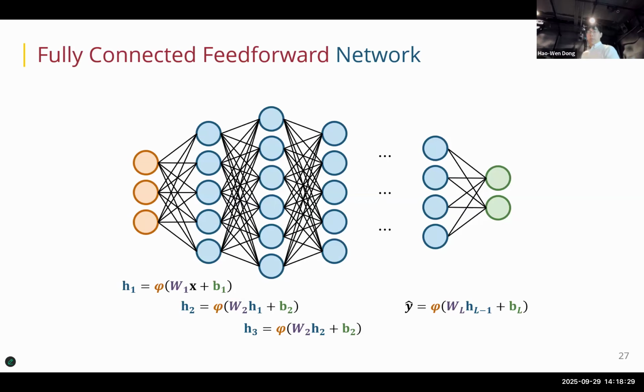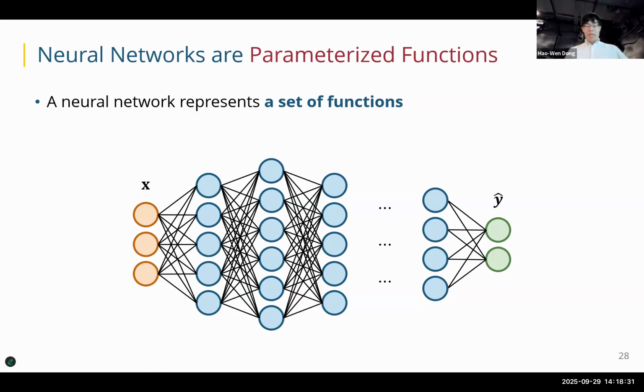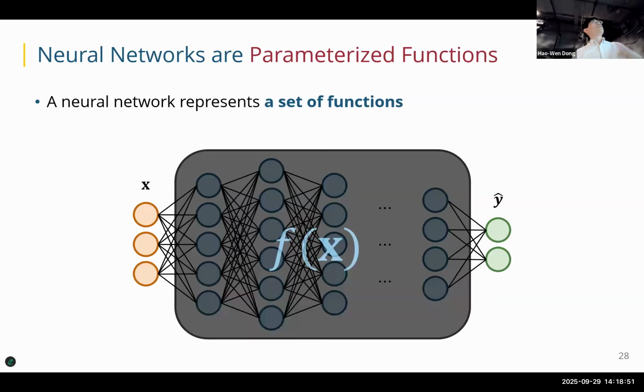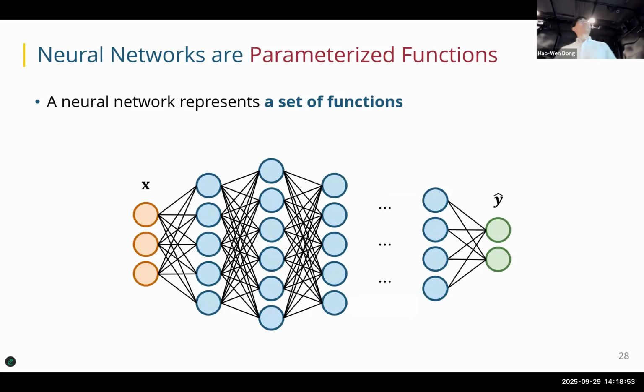So that brings us to the next topic. With all these mathematical things, in most cases we don't really care; we just want to define a neural network as this shape. Now we can actually view everything in between as some function.